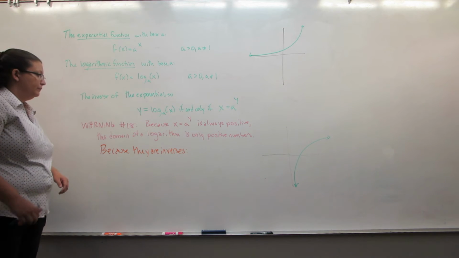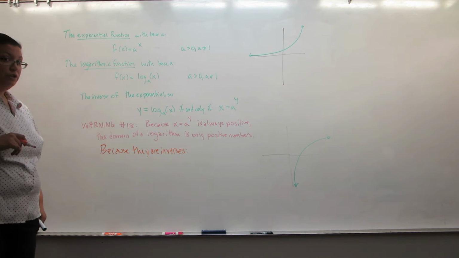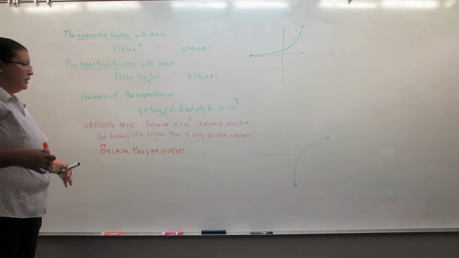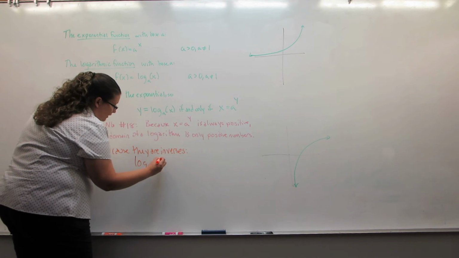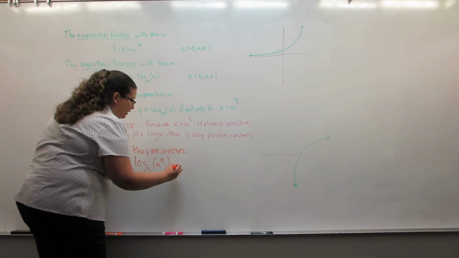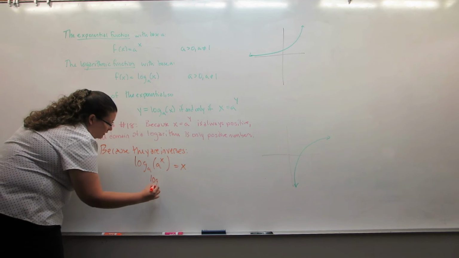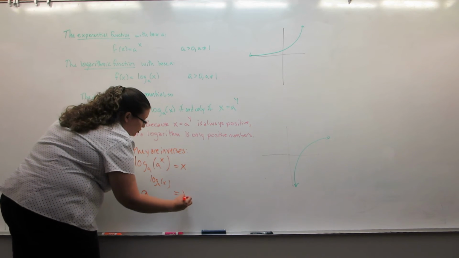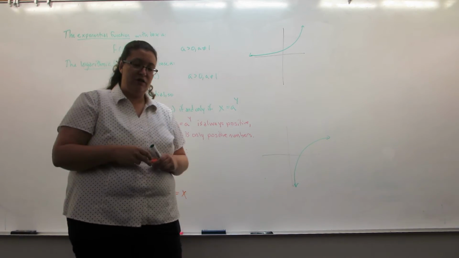Now, because they are inverses of each other, they must satisfy the definition of inverse functions, meaning if I compose them in either order, I just get x. So if I take a logarithm base a and plug an exponential base a inside it, I must just get x. And if I take an exponential base a and plug a logarithm inside it, I must just get x, because they are defined to be inverses of each other.